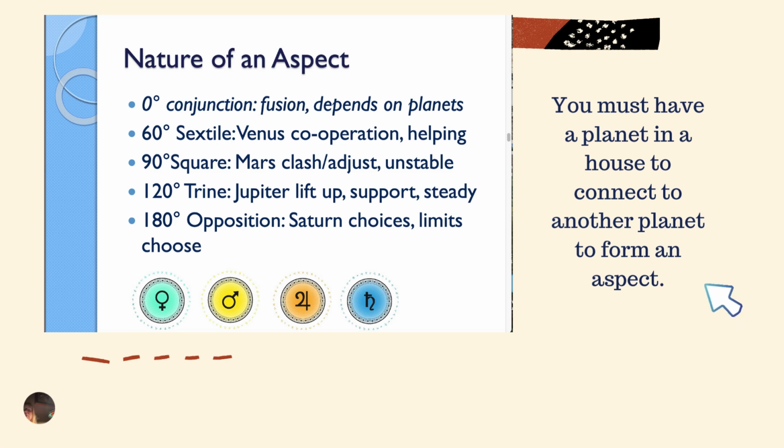And then we have the opposition, which is when 2 planets are in the opposite zodiac signs in your natal chart. And this is a Saturn vibe. And we know that Saturn at times can be challenging. So when you have an opposition, you have a challenge there between those 2 planets, but it is a challenge to be overcome and to be better for it.